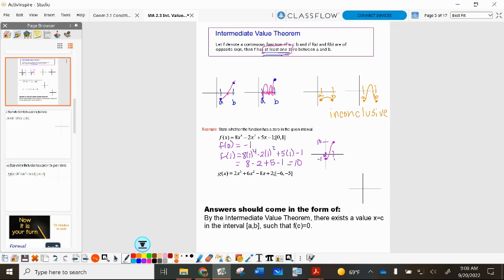Now it says answers should come in the form: by intermediate value theorem, and we can abbreviate intermediate value theorem, there exists a value x equals c in the interval a to b such that f of c is 0.